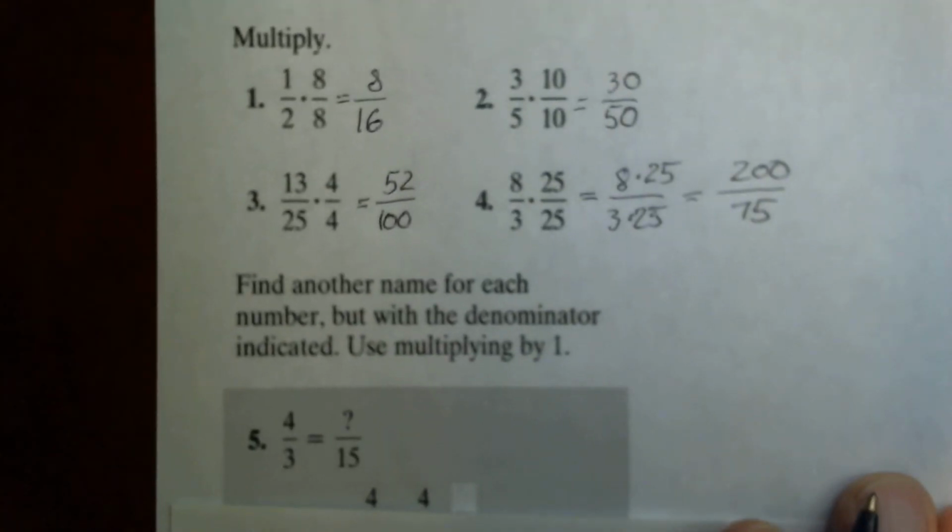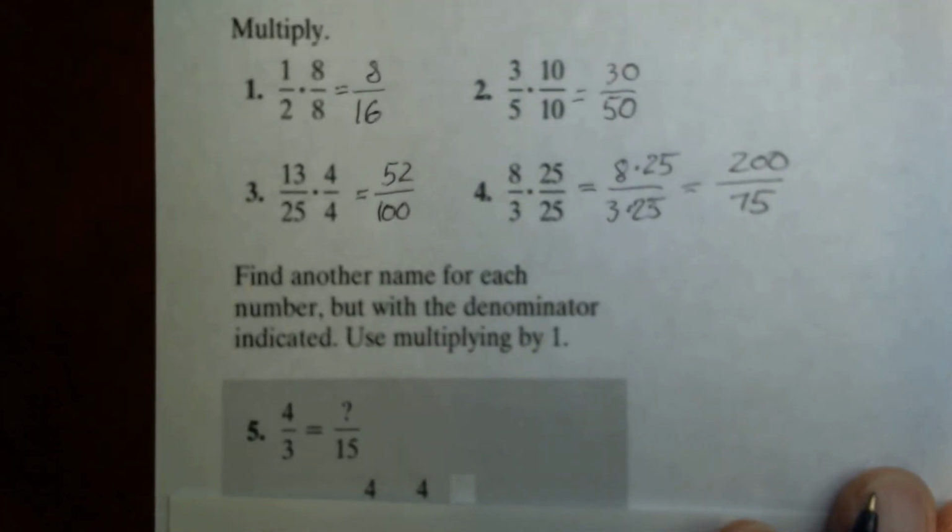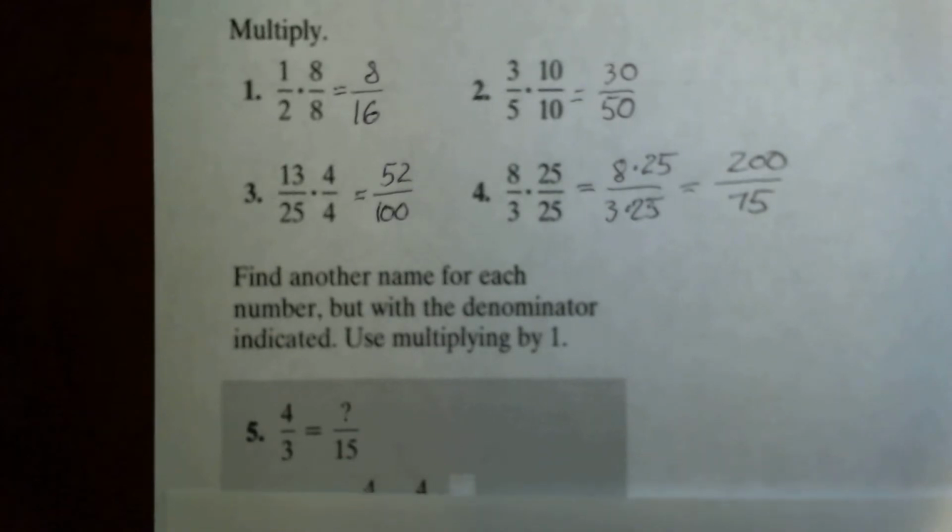The next step is to find another name for each number, but with the denominator as indicated. Use multiplying by 1. So here we have the following problem. 4/3 is equivalent to what numerator divided by 15? Well, if we don't really know by what number to multiply the denominator to get a 15, we simply divide 15 by 3, and we know it's equal to 5.